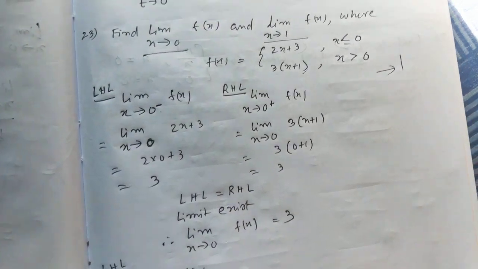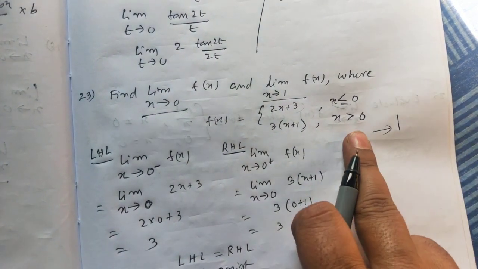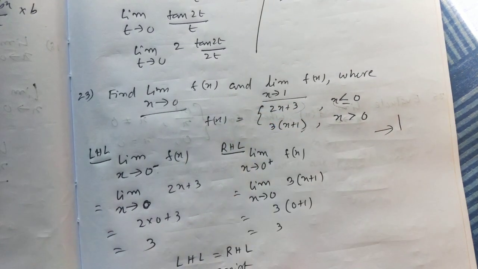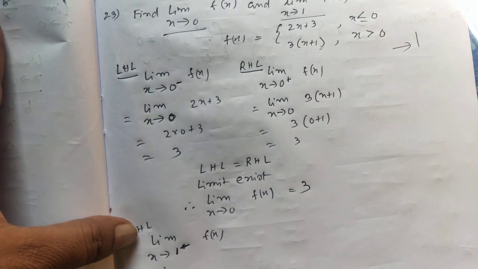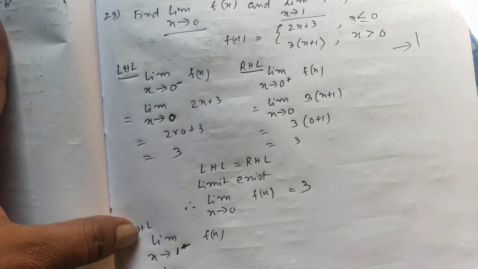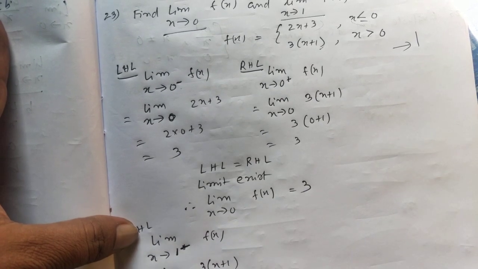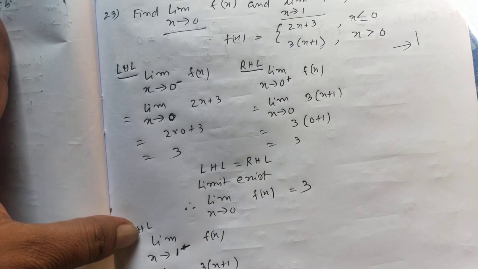So the left hand limit more than 0, so we can use this only. That is limit x tends to 1, f(x) will be 3x plus 1. If I put the value, 3 times 1 plus 1, it will be 3 into 2, 6.